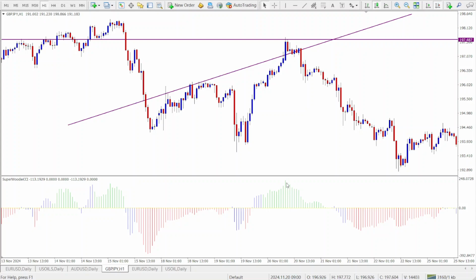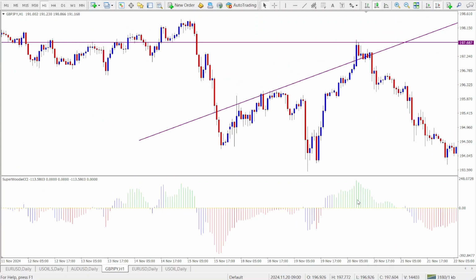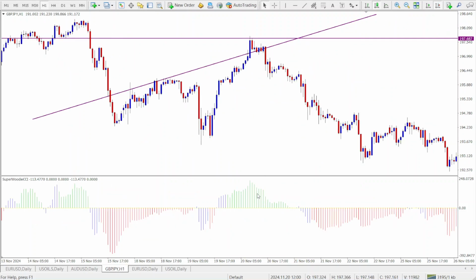Wait for the longest histogram bar to form. Once the longest histogram bar has formed, perhaps the one that is close to the very top of the indicator window, look for the next histogram bar, to confirm that the longest has formed, because the next is going to be shorter than that particular one. Once the next histogram bar has formed that is shorter than the previous one, you can go ahead and exit your buy trade.